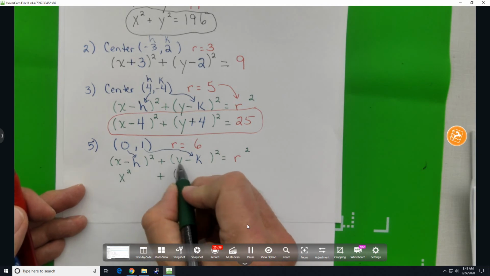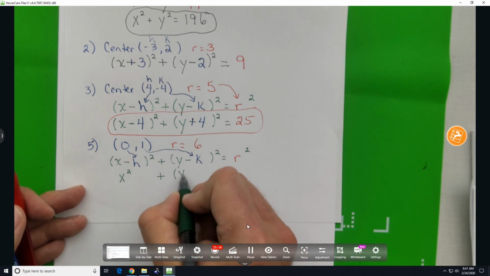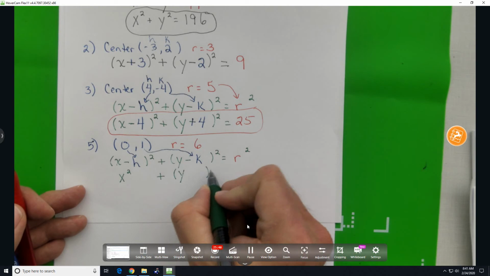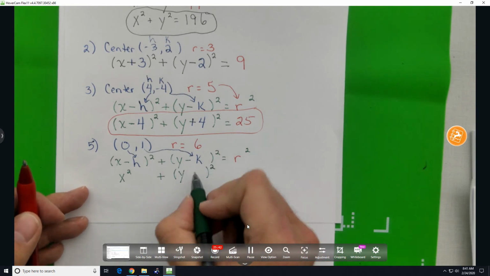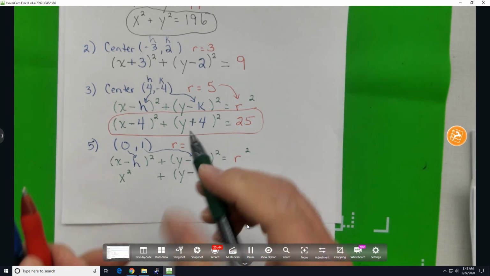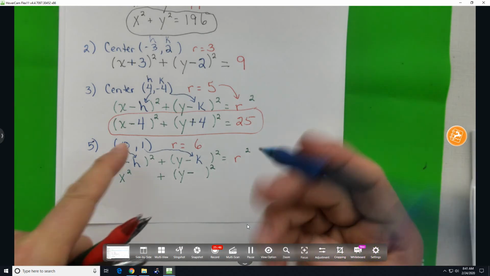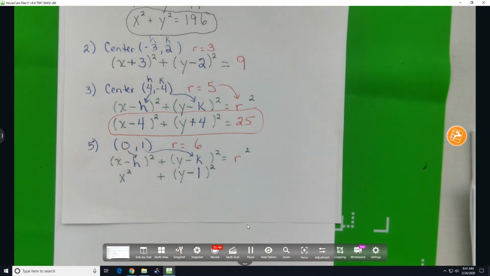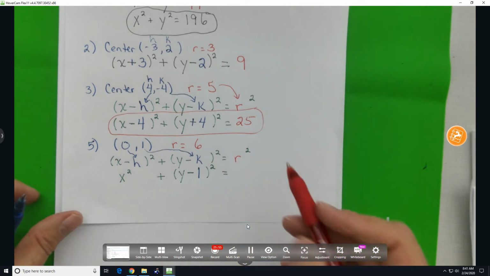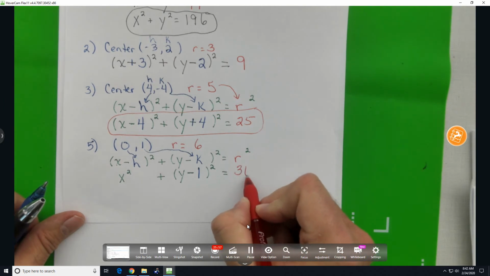Now here we're going to have some parentheses. Y, am I going to write minus 1 or plus 1 here? Minus, and then a 1, equals r squared. What number are we putting here? 36.